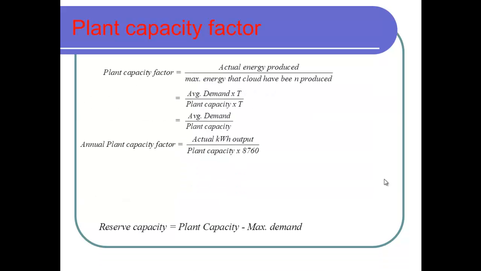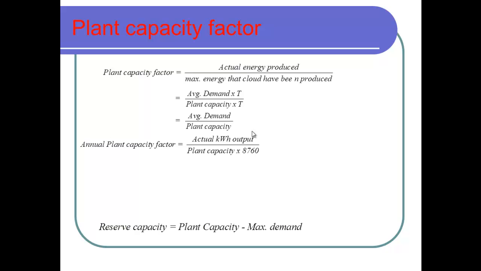Plant capacity factor. It is defined as the ratio between actual energy produced to the maximum energy that could have been produced. In terms of power, we can say it is the ratio between average demand to the plant capacity. Plant capacity factor is a very important factor in order to understand the utilization of a generating unit.